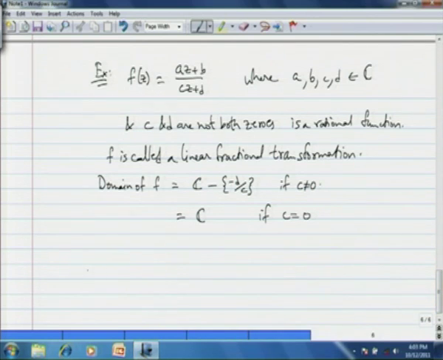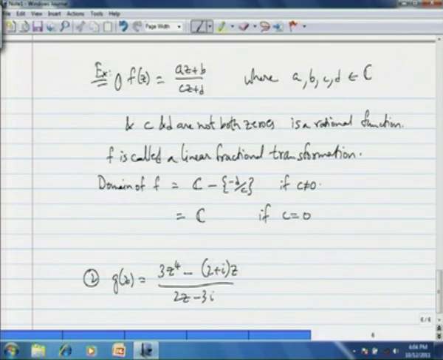Okay. So, another kind of example of this rational function is as follows: let me use a different symbol, example 2, g of z given by (3 z power 4 minus (2 plus I) z) by (2 z minus 3 I). Okay.